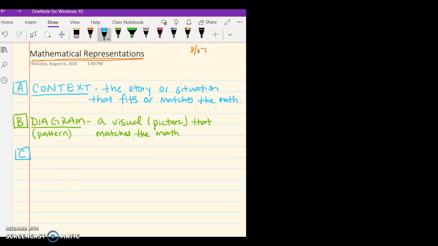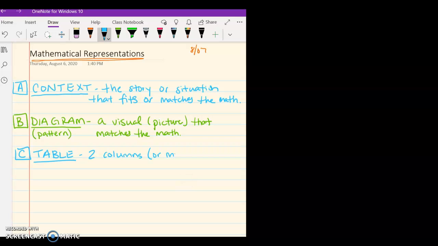For part C, another way that we can represent math is in a table. And you guys have probably used these before. Table is super helpful, especially to organize information and to be able to see what's happening. So a table is two columns or more. There may be times that you write out more columns used to organize the information.